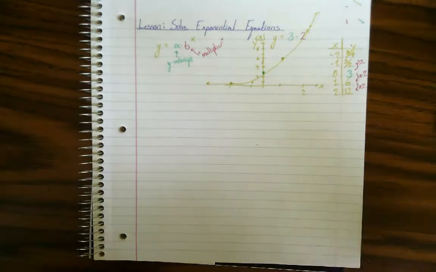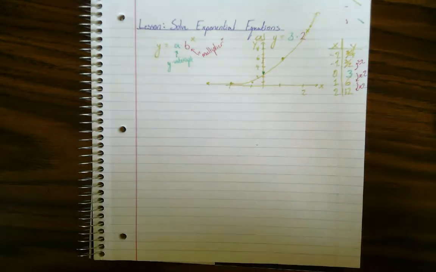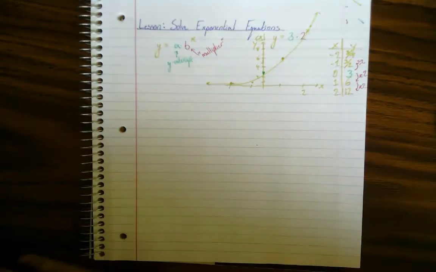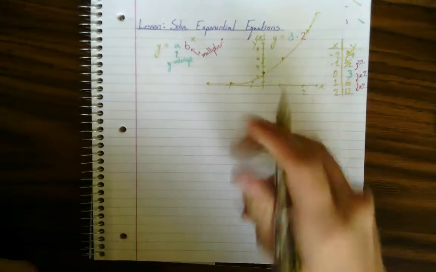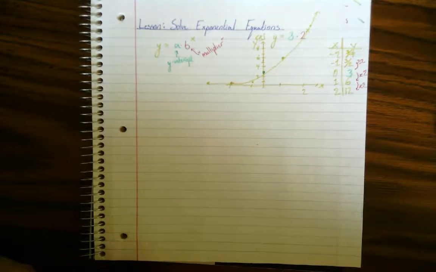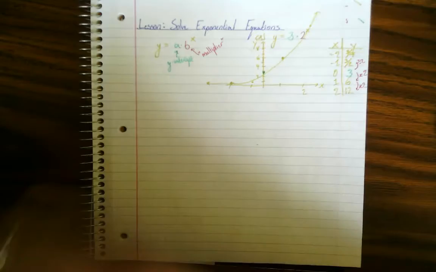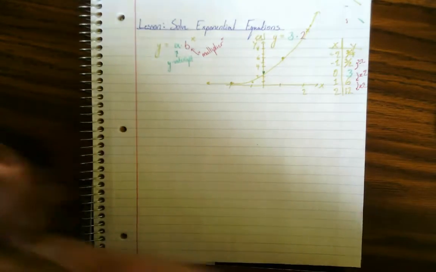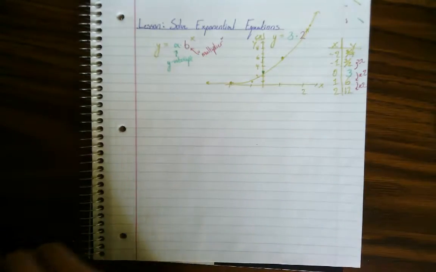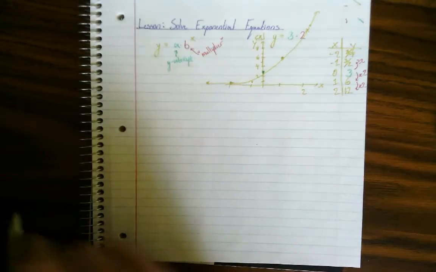We talked about our exponential function, knowing what each part does. So now we're going to go on to solving equations. One big thing I saw in a lot of the responses on the assessment was this really loose way of using equations and expressions.